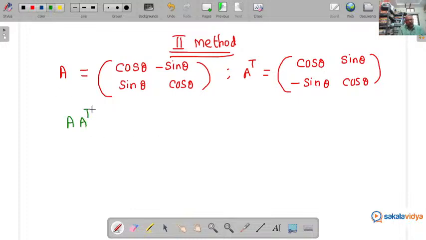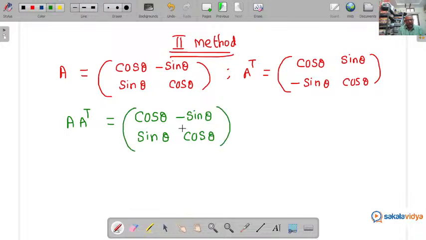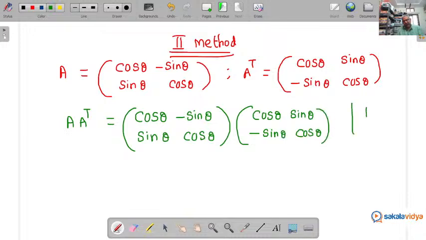A into A transpose: cos theta, minus sin theta, sin theta and cos theta, multiplied with cos theta, sin theta, minus sin theta and cos theta. Matrix multiplication is the row by column method.